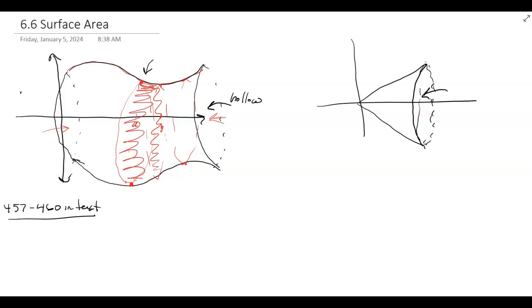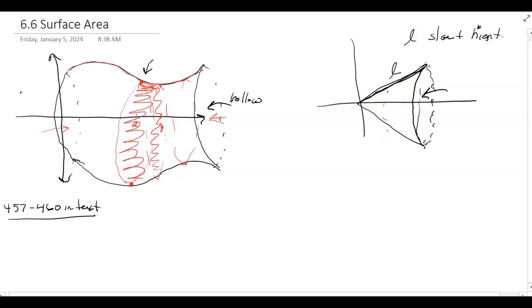So this cone has a slant height. L represents what we call slant height. And as you notice, that slant height is going to be really important because it's that slant height, whatever that particular length is, that's going all around.